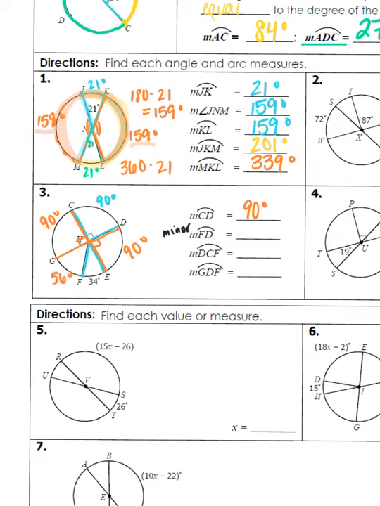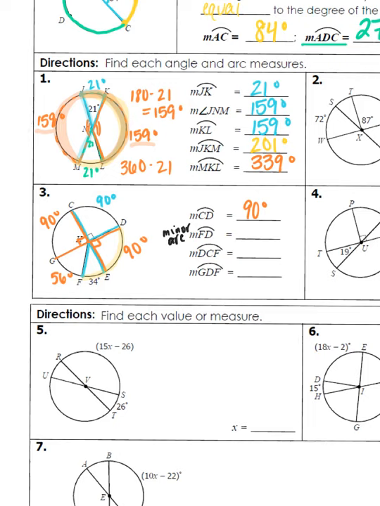I think a lot of people tend to just go clockwise because that's what makes the most sense. But if we follow F to D in the clockwise direction, that arc is bigger than 180. So that can't be arc FD because it's bigger than 180. So I actually need to follow it this way because I know it's two letters, minor arc, has to be less than 180 degrees.